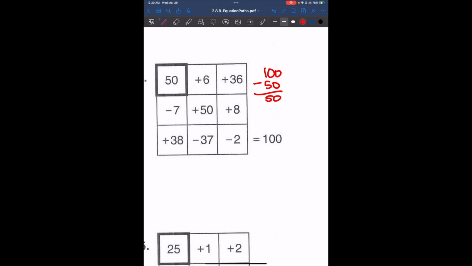And so looking at the grids and the numbers that we have, we already have a 50 here, so you want to see if everything else can cancel out.